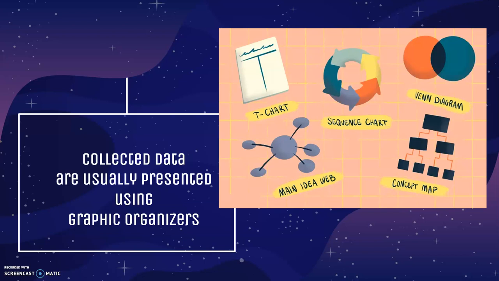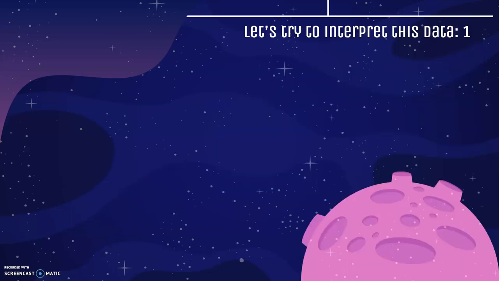Today we are going to learn how to interpret data. We have a set of data, shown in a very well presented graphic organizer. So what can we do about it? Let's jump straight to this first exercise so that you can see what it means to have this skill to interpret data based on the collected data.